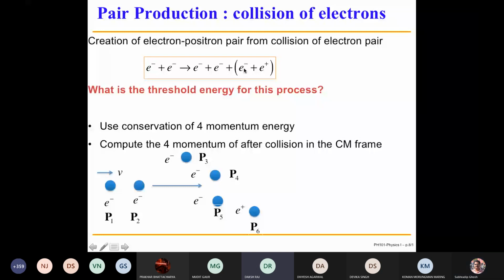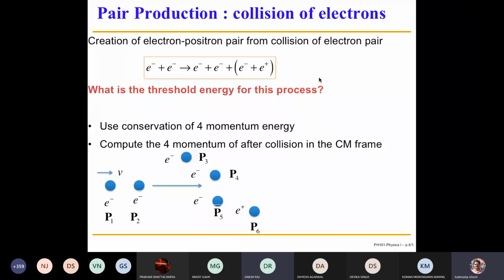So the question is, what is the threshold energy for this process? What is the minimum energy of the electrons required for creating an electron-positron pair? The way we will do this is using the 4-momentum energy.